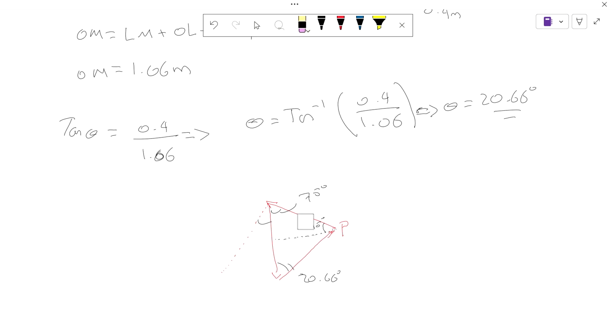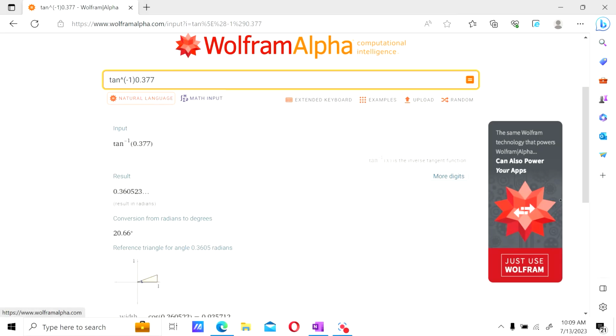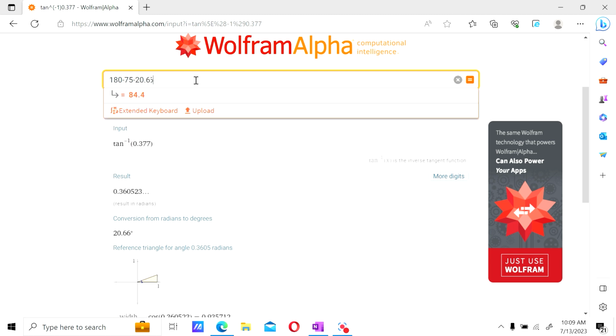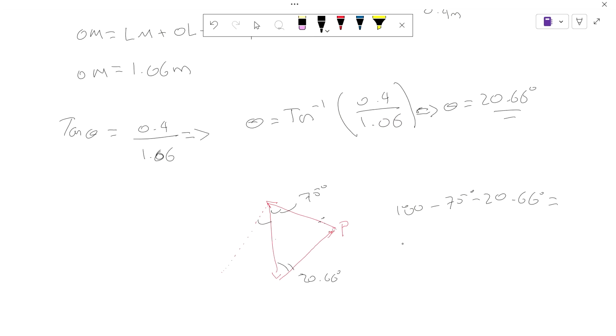Therefore, we can find this angle now, because we have 180 minus 75 minus 20.66 degrees, which is 84.34.